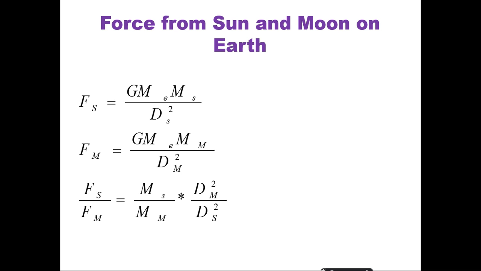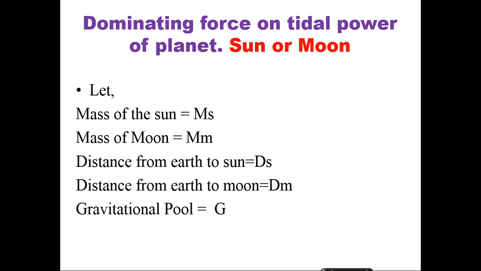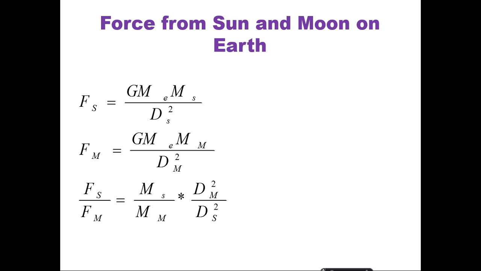Now the forces from the sun and moon act on the earth, so Fs is G Me Ms divided by ds squared, where Me is the mass of the earth and Ms is the mass of the sun.